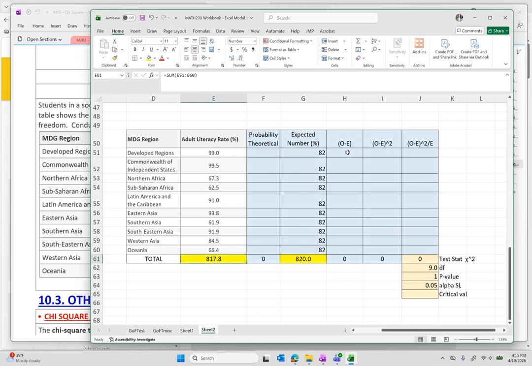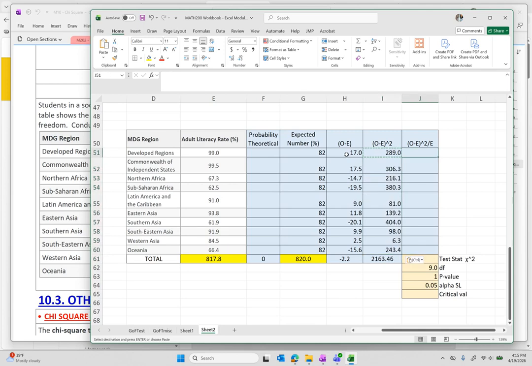So observed minus expected will be the column E minus column G. And I can just copy down this formula. That squared will be column H squared. And again, I will copy that down.